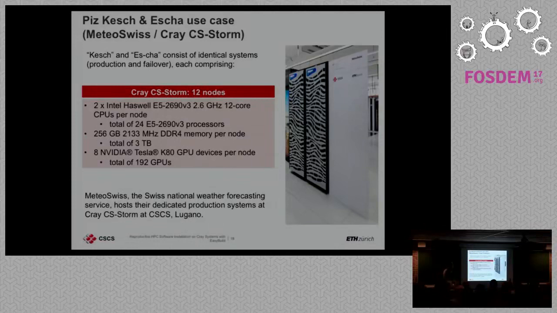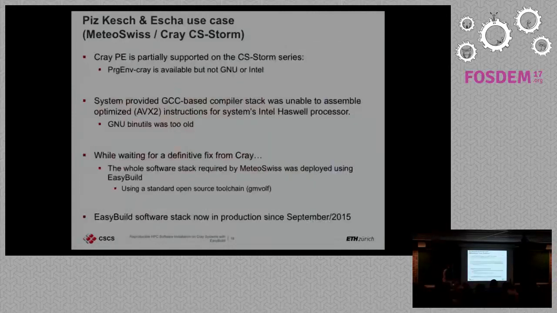They have production systems, two cabinets with production and failover, with a very GPU-dense system, with 8 Tesla K80s per node, so 16 GPUs per node. And this is a CS-Storm series.